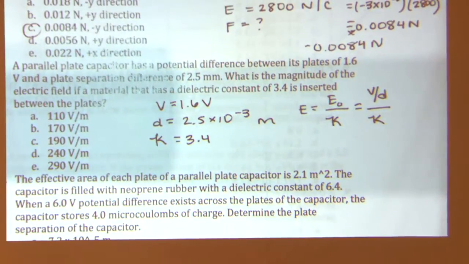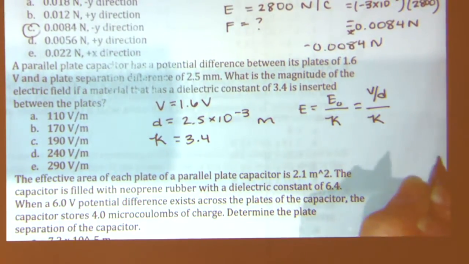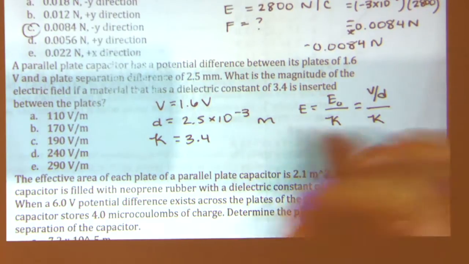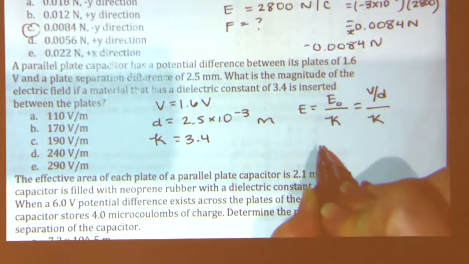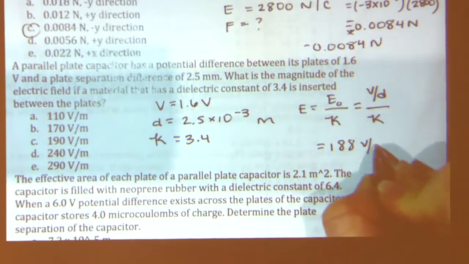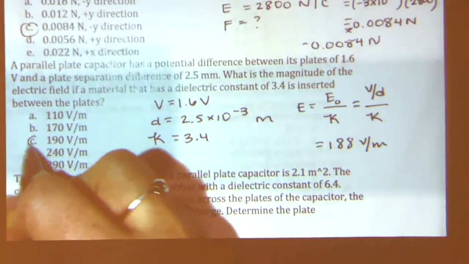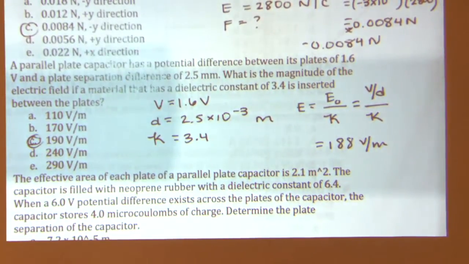So this problem is more about just knowing how to relate the equations that are given to you. And when we plug everything in, so we'll plug in V, D, and K, you should get around 188 volts per meter. So closest to that is 190. We're rounding up to 190.